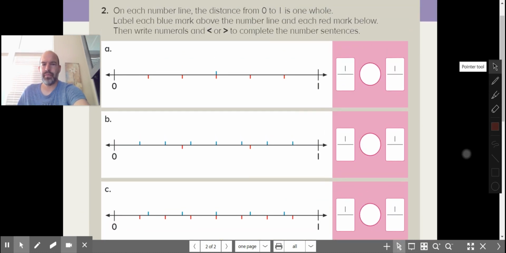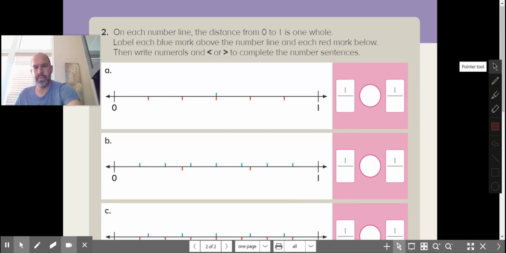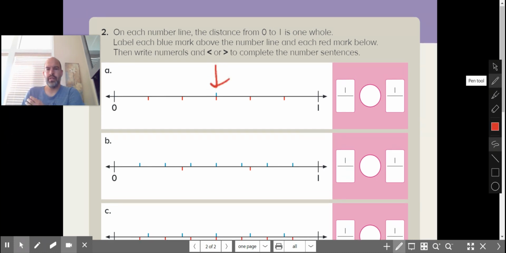And this time it says on each number line, the distance from 0 to 1 is 1 whole. Label each blue mark. And that's like this little mark right here is blue. Let me just point that out right there. Get my pen mode. I'm sure in your books you'll notice this, okay? There's the blue mark. Label each blue mark above the number line, and then each red mark below the number line.